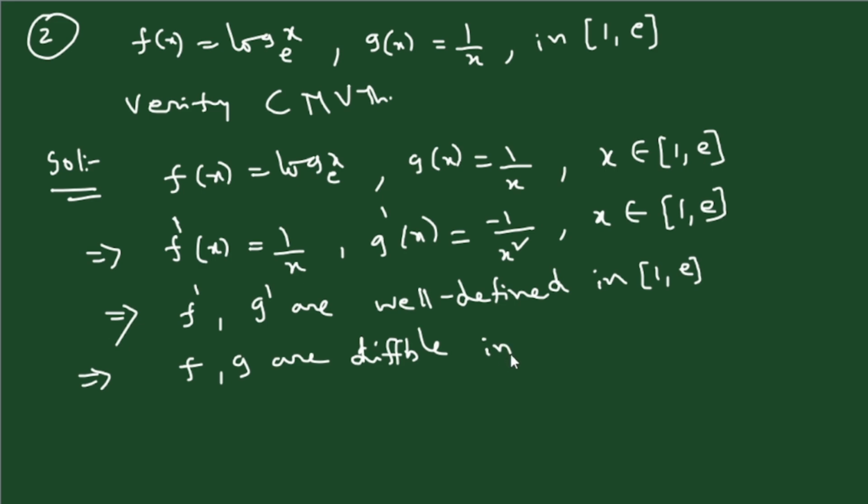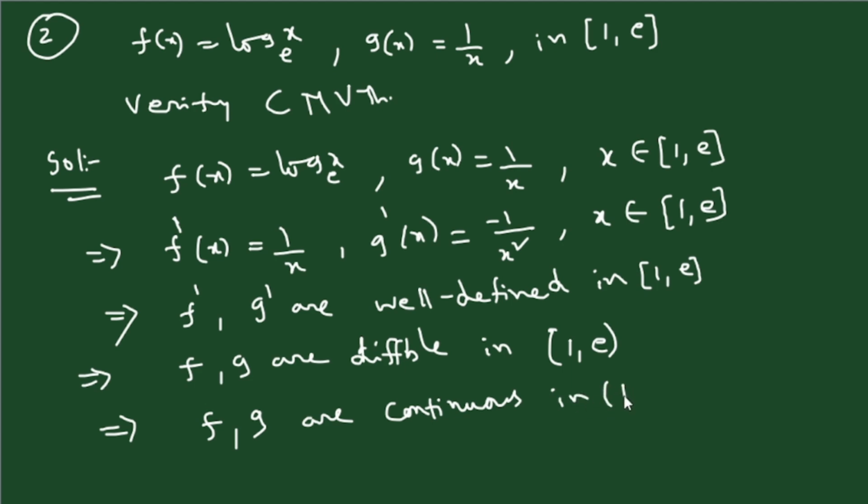In fact, in the closed interval a b also it happens, but we need it in the open interval 1 comma e. That is sufficient, but we have more than sufficient: we have differentiability in the closed interval also. So f comma g are continuous in the closed interval 1 comma e.